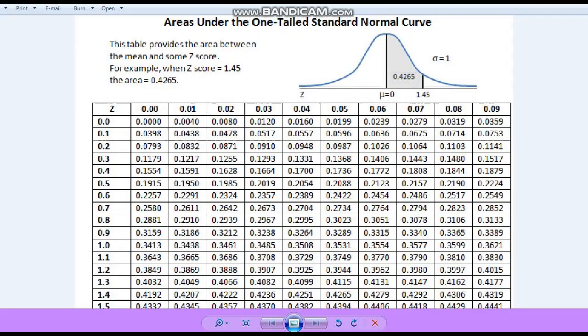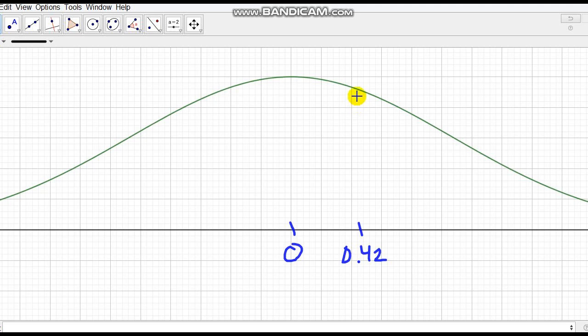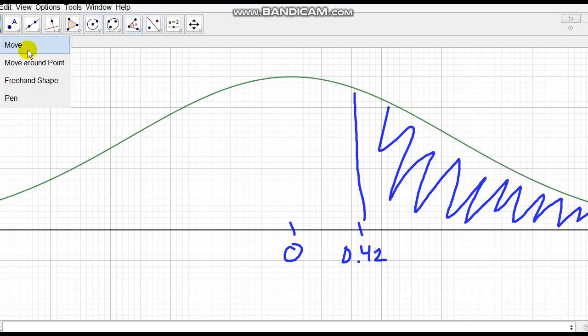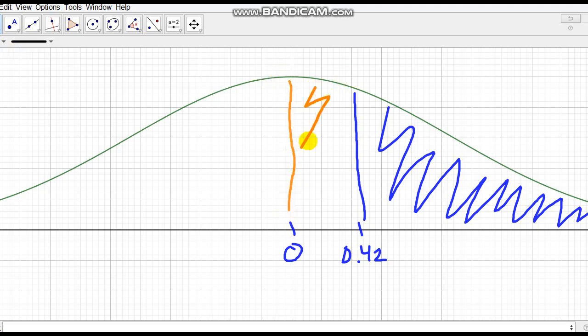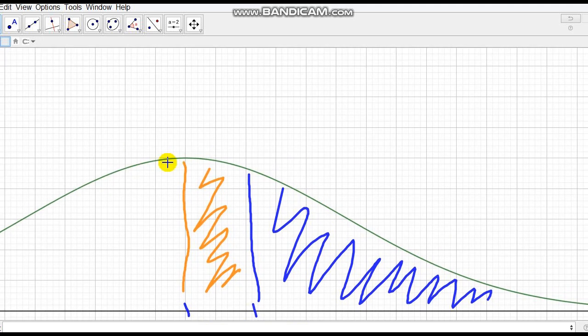We are looking for the score 80 and above, so this is what we're looking for, the area above 0.42, the area in blue. What we can do is start first by getting this particular area here, the one in orange, since this is the one available in our table, and then subtract from 0.5, just like what we've been doing all along.